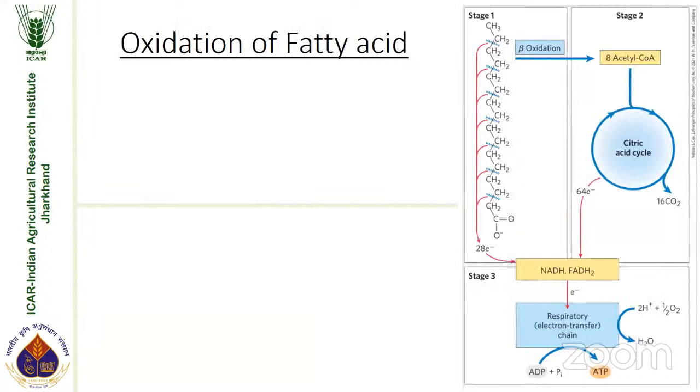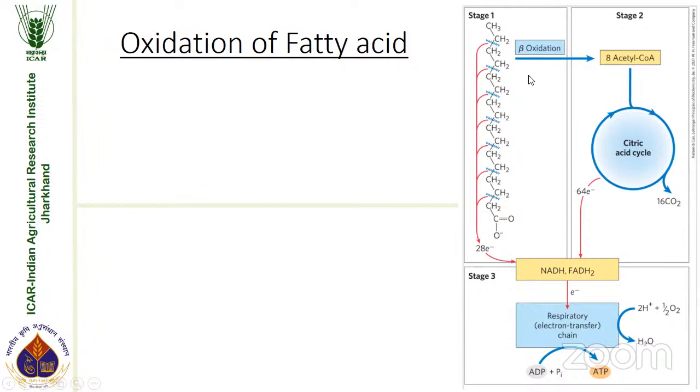Oxidation of fatty acids can be easily visualized. First we go through beta oxidation. In beta oxidation, each beta CH2 we created in synthesis will be broken in this oxidation process.